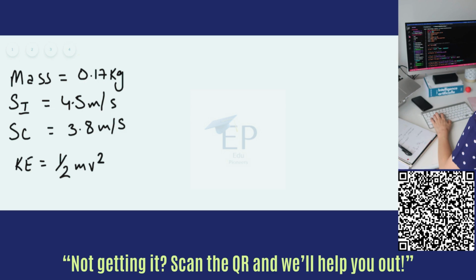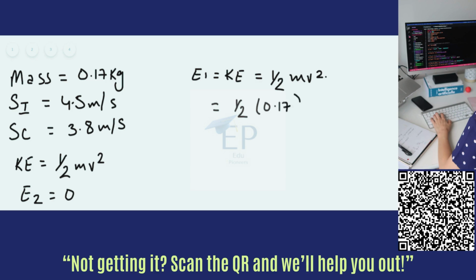The final energy of the system E2 is equal to 0. The initial energy of the system, that is E1, is equal to kinetic energy, which is also equal to half mv square. Substituting in the values, we have half multiplied by 0.17, and velocity is 4.5 square.